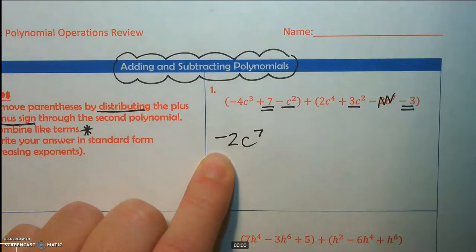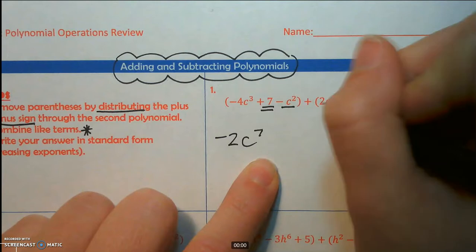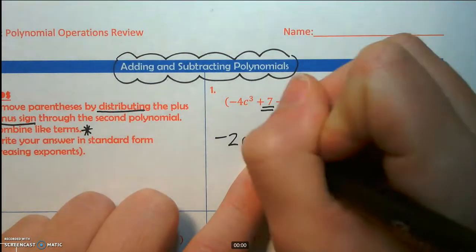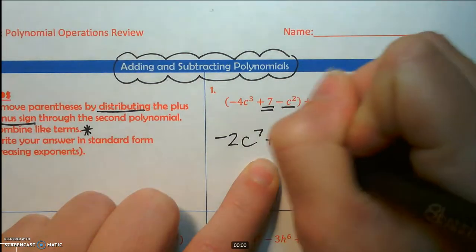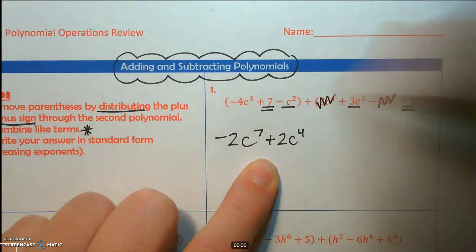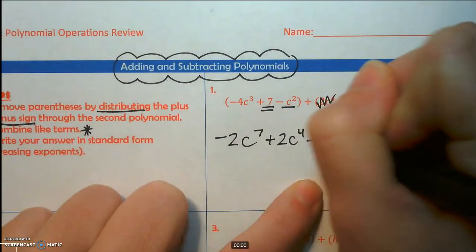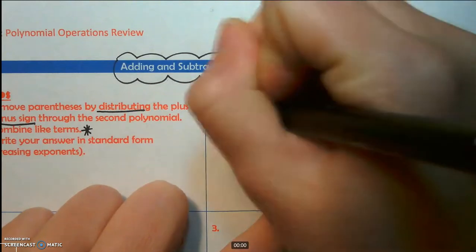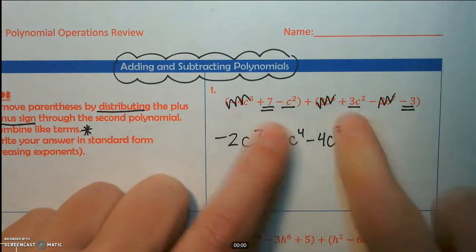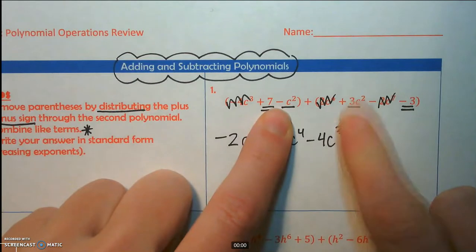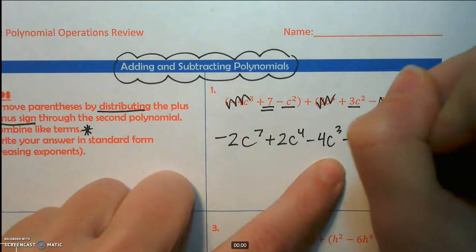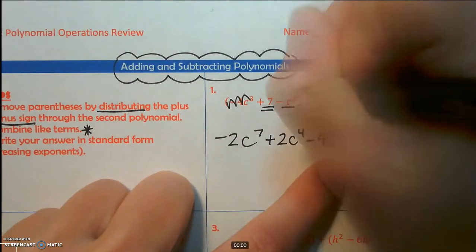Okay, done with that. Then the next highest one is to the fourth. Done with that. The next highest one is to the third. Now we can combine these like terms. Negative 1 plus 3 is going to be a positive 2c squared.